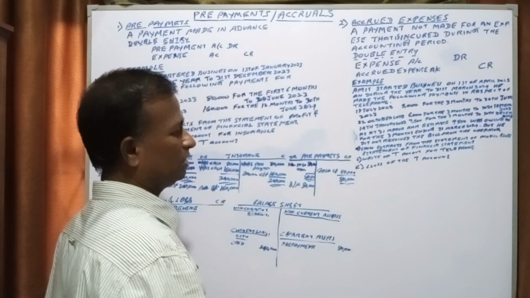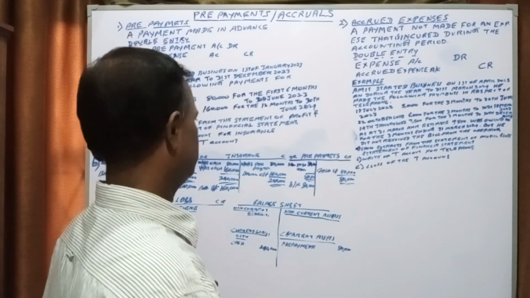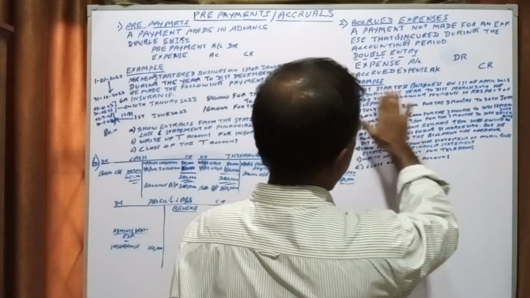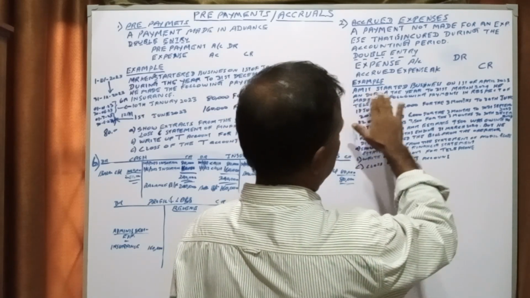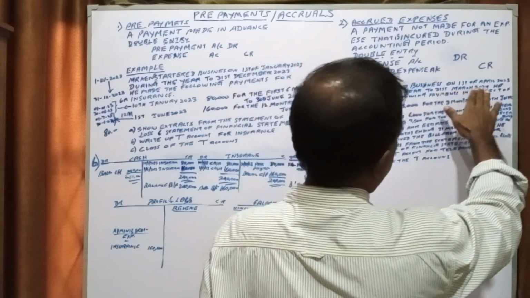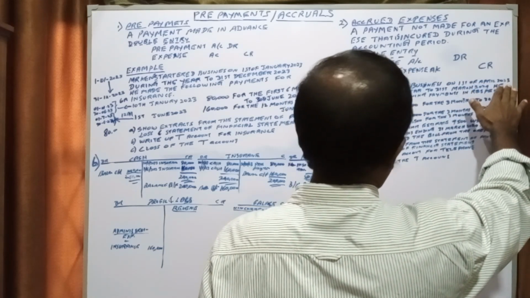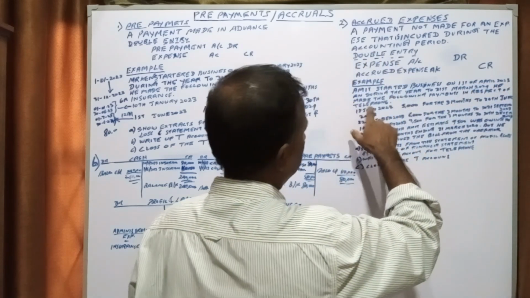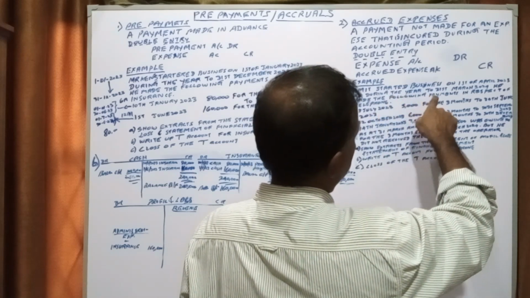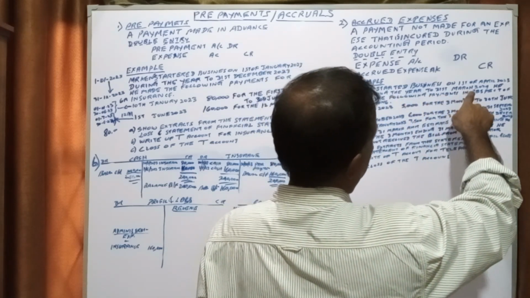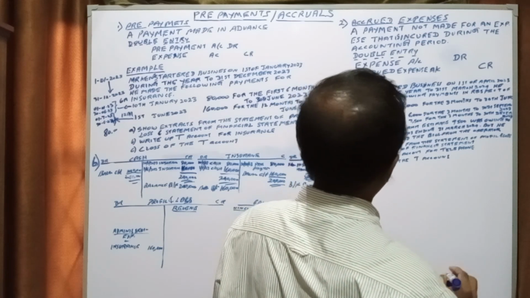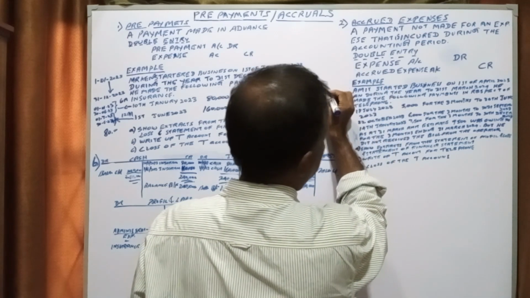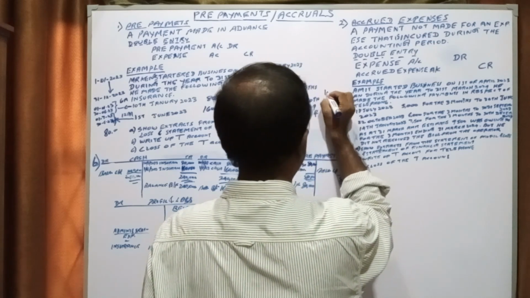If we take an example, you can understand. Amit started business on 1st April 2023, and during the year to 31st March 2024.